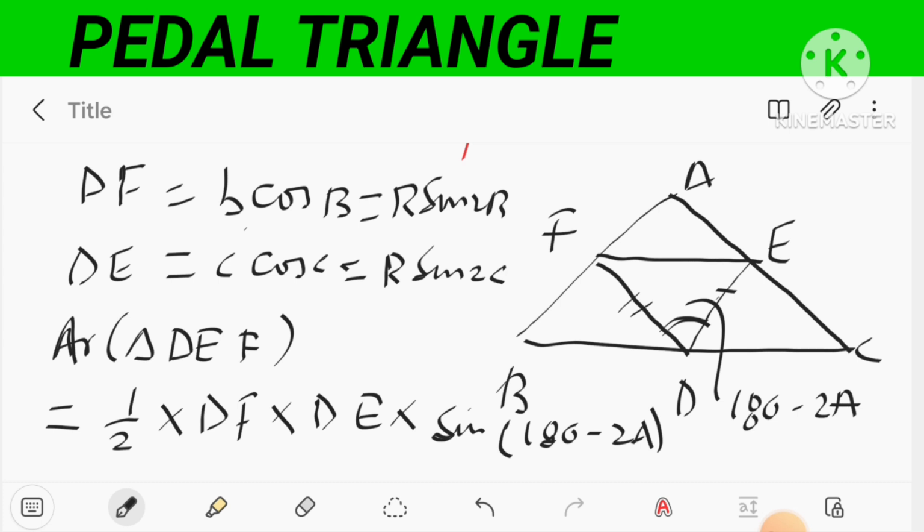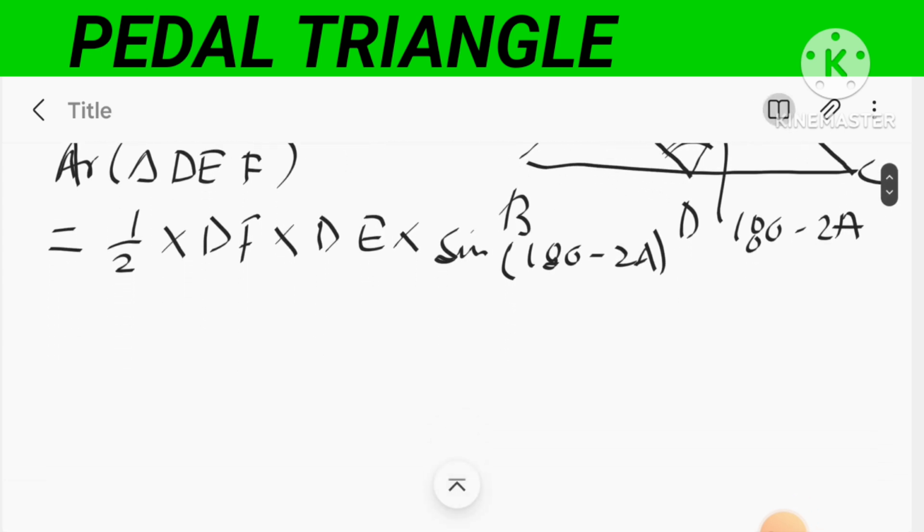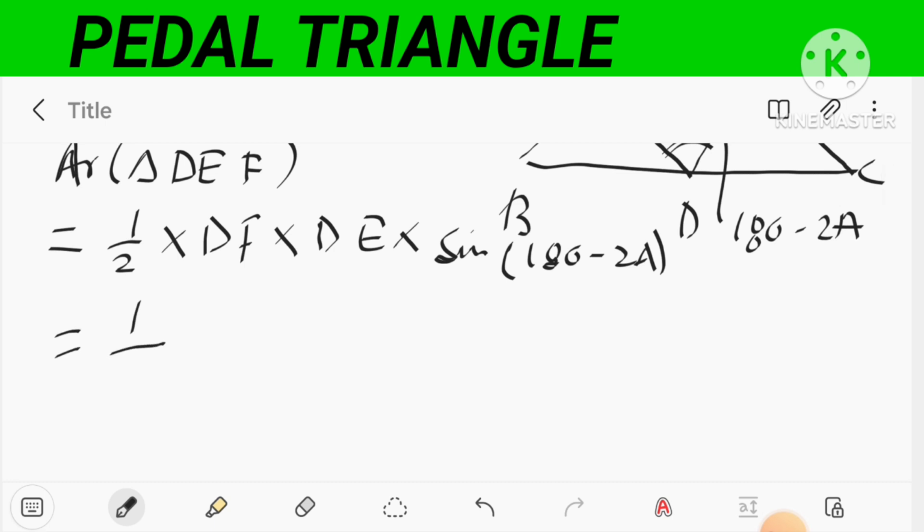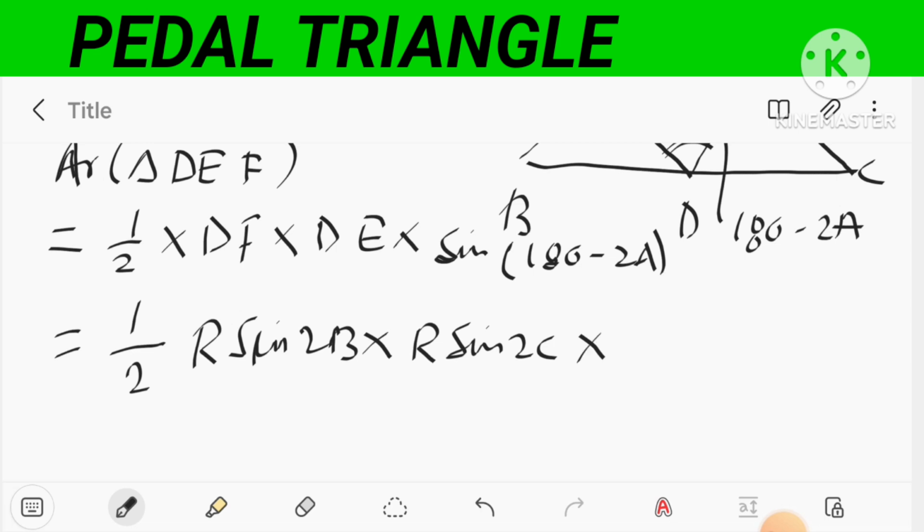Here DF is equal to R sin 2B, DE is equal to R sin 2C, and sin of 180 minus 2A is equal to sin 2A.